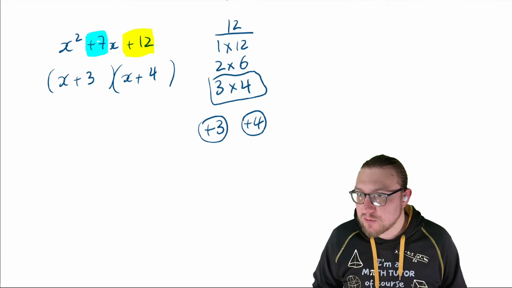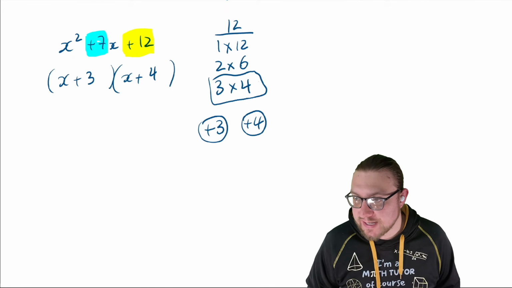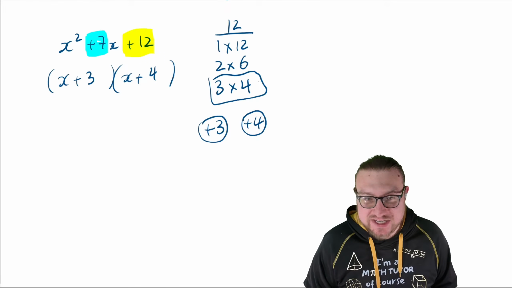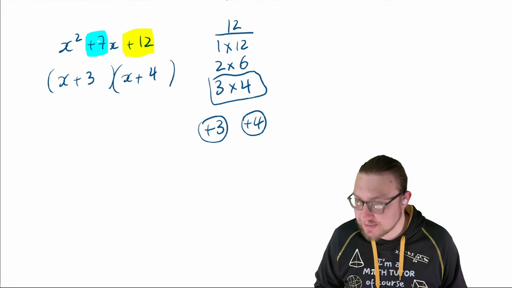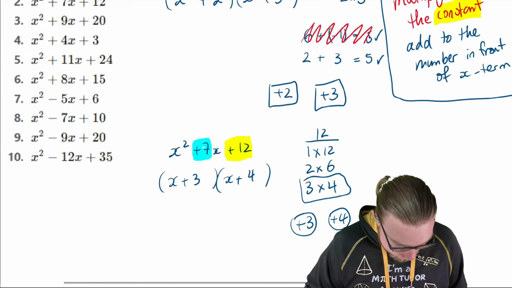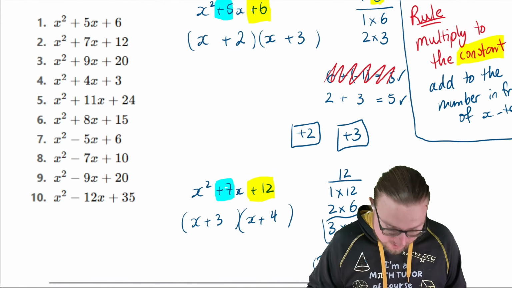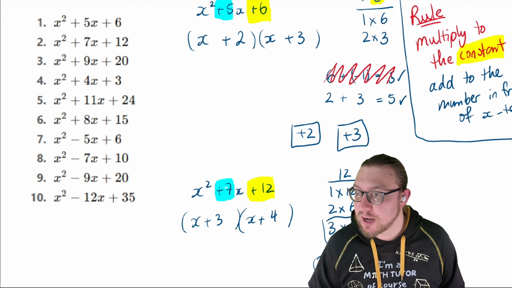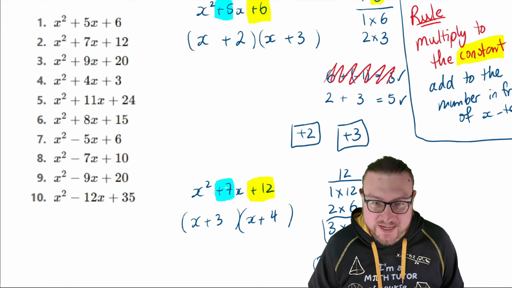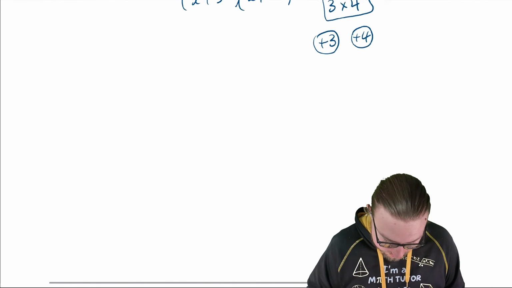Once you have a number in front of the x squared term, this method will just slightly adjust, so you guys can basically still do the same thing. I think you guys are pretty good with these ones, so I'm probably going to move on and leave these ones as practice for you guys, or at the end, if you want to do more, we can come back.